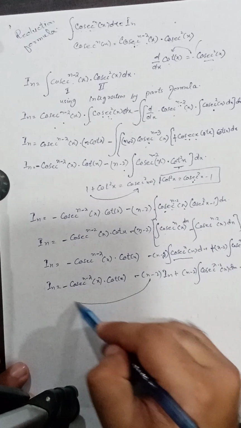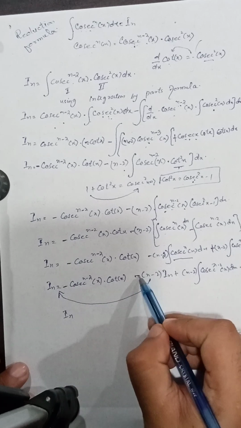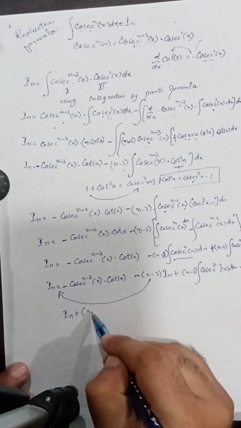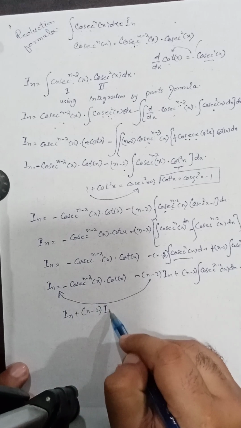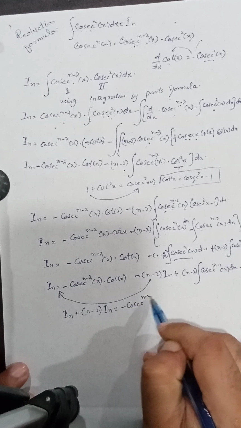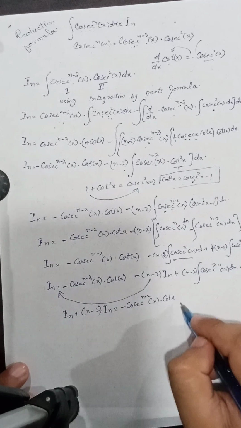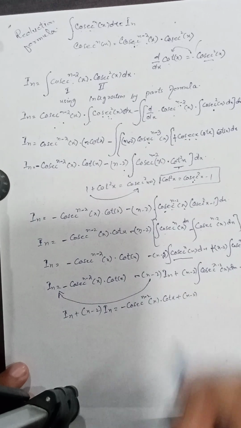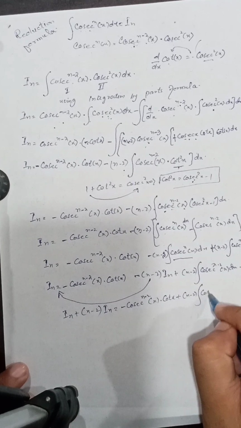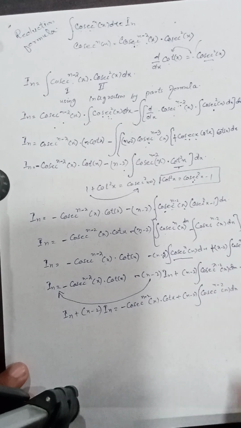So shift this term to this side, so this will change to plus (n-2) I_n, which is equal to minus cosecant^(n-2) of x into cotangent of x plus (n-2) with the integral of cosecant^(n-2) of x with respect to x.